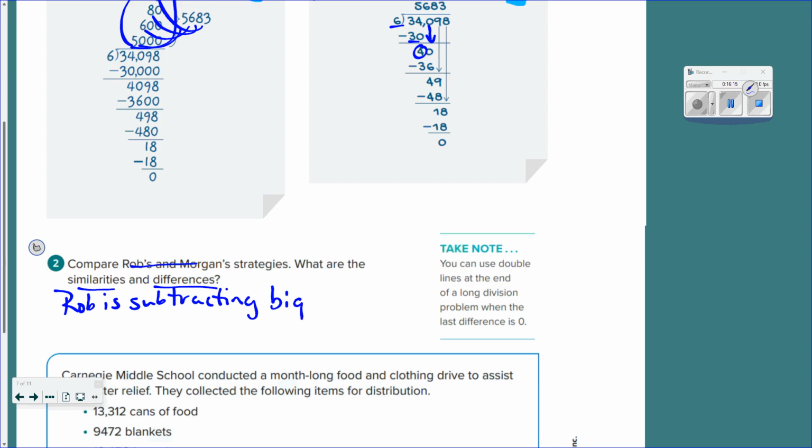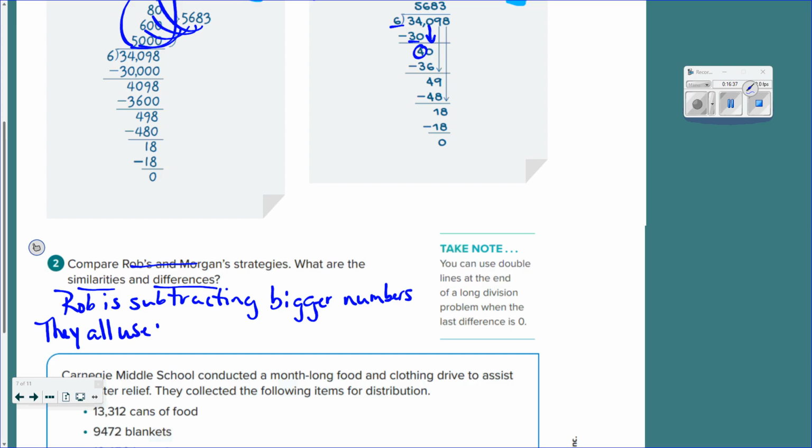What similarity do you see? Sure. The numbers they're using to subtract, they're all multiples of 6. Okay, they all use multiples of 6.